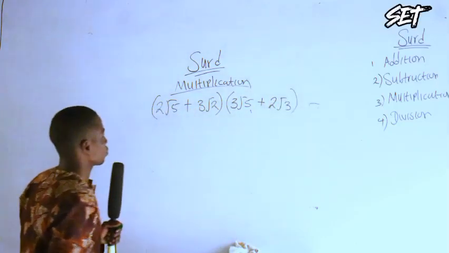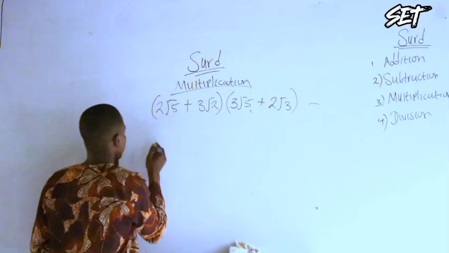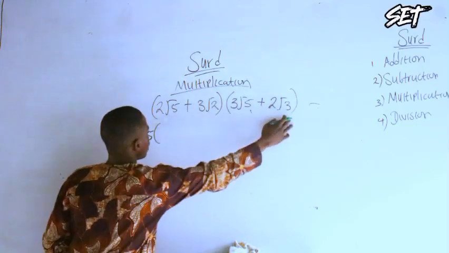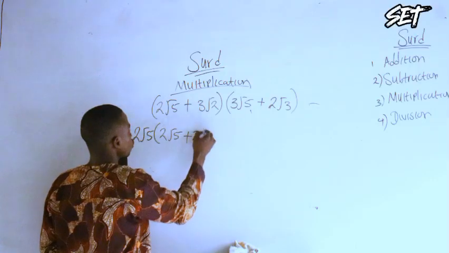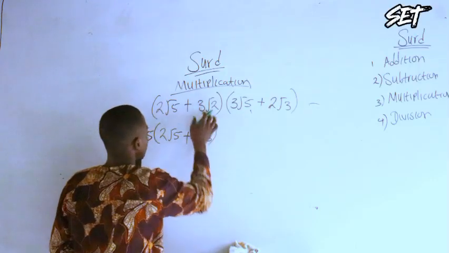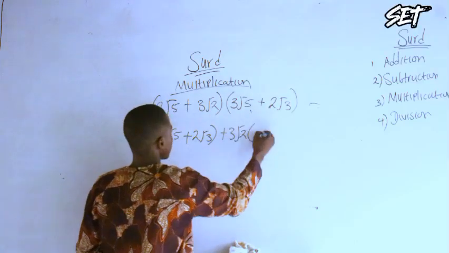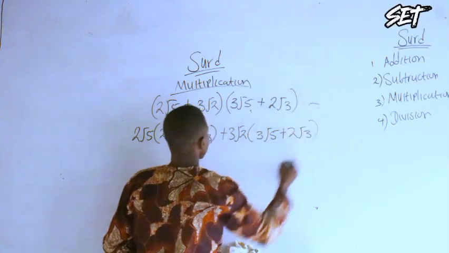Look at this one. How can we do this one? You write this one first, the way I told you. 2 root 5, write all this one: 2 root 5 plus 2 root 3. Now, write this one: plus 3 root 2 and (3 root 5 plus 2 root 3).